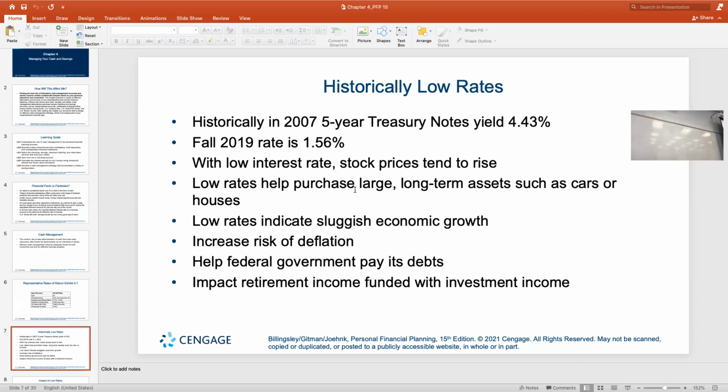It also fuels demand. And so right now we've got a really interesting situation. If you have any relatives thinking about selling a home, now is probably the best time to sell a home. We've got record low interest rates, so prices are high.